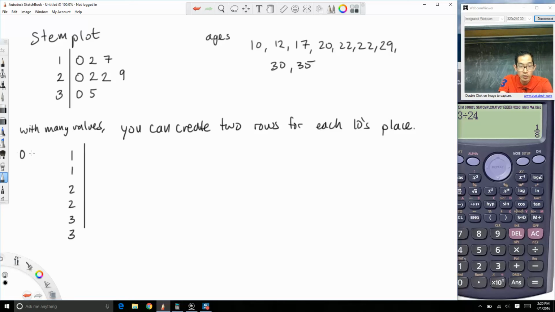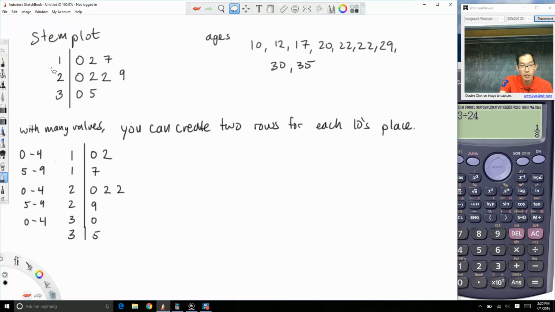Then you would only put in values 0 through 4 in one row, and 5 through 9 in the next, 0 through 4, and 5 through 9, etc. So my 0 and the 2 would show up here, but the 7 would go down here, and then the 0, the 2, and the 2 would show up here, but the 9 would come over here, and then the 0, and then the 5. Something like that. Okay, so both of these stem plots represent the same information.